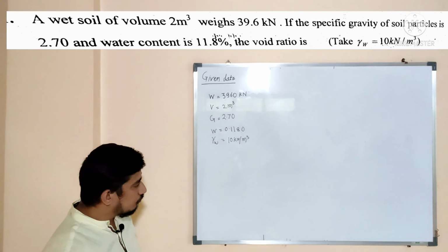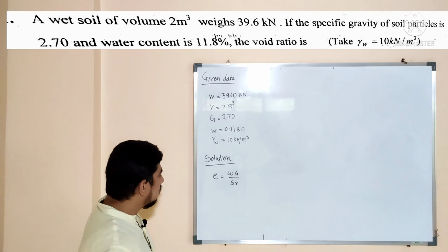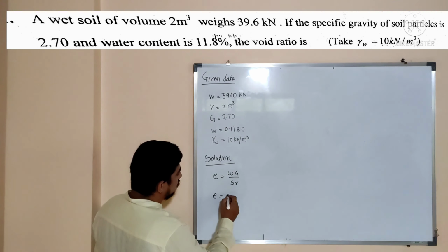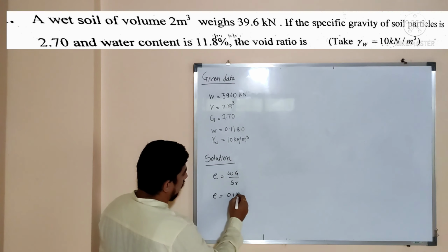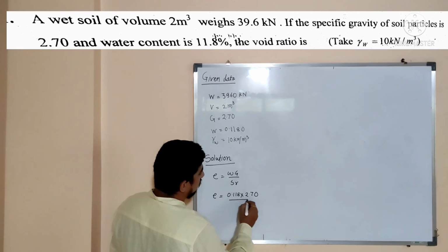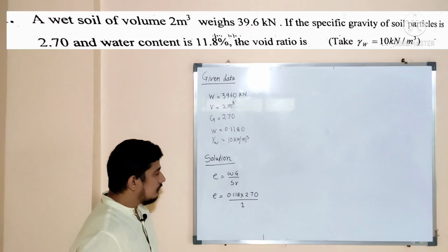We have the basic formula, e = wG/S. Here w is 0.118, G is 2.70, and suppose we are approximating S_r as 1.